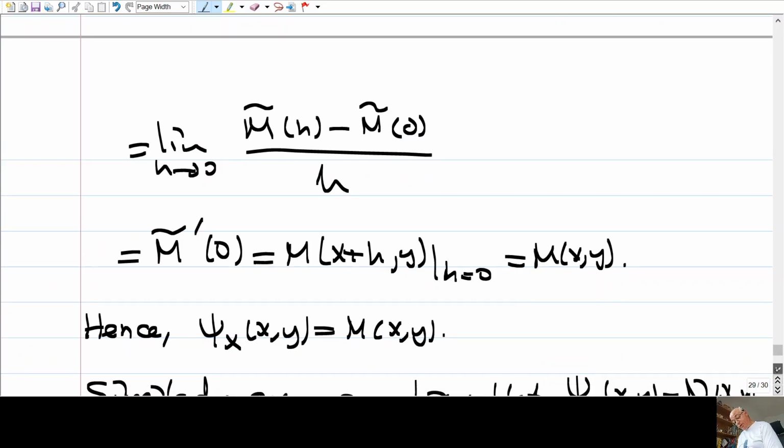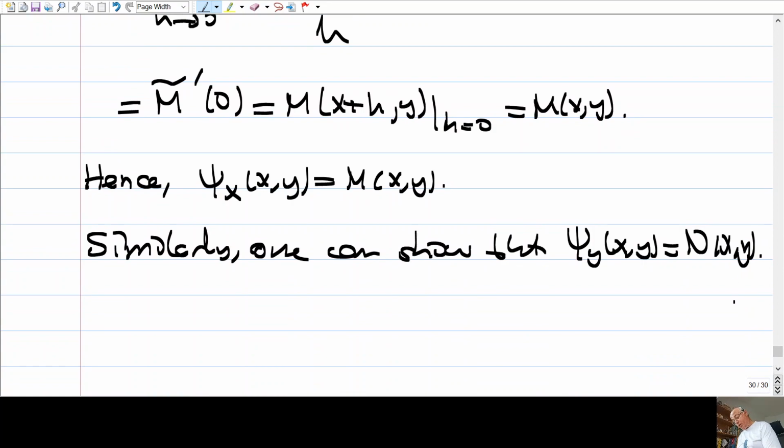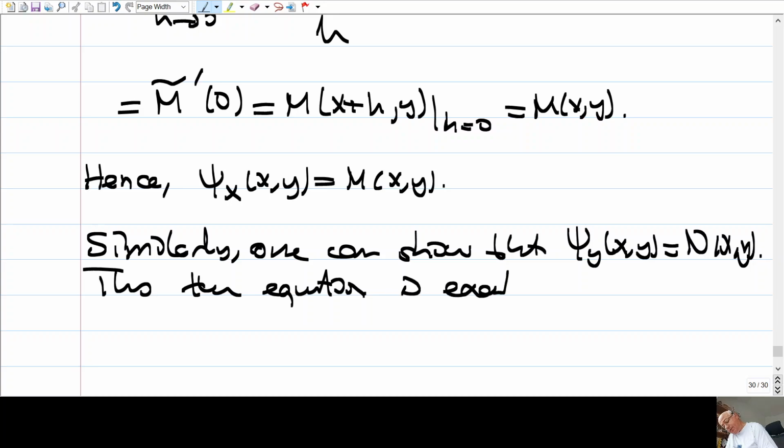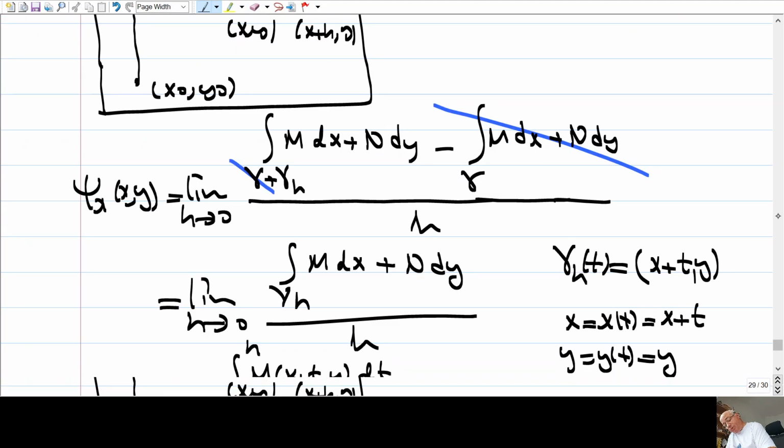Similarly, you compute the other derivative and you get this. Hence, thus the equation is exact. Okay, so we proved the theorem.